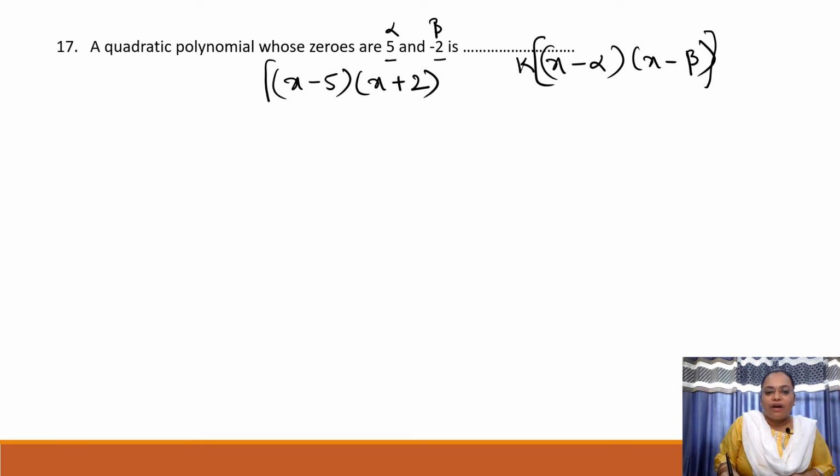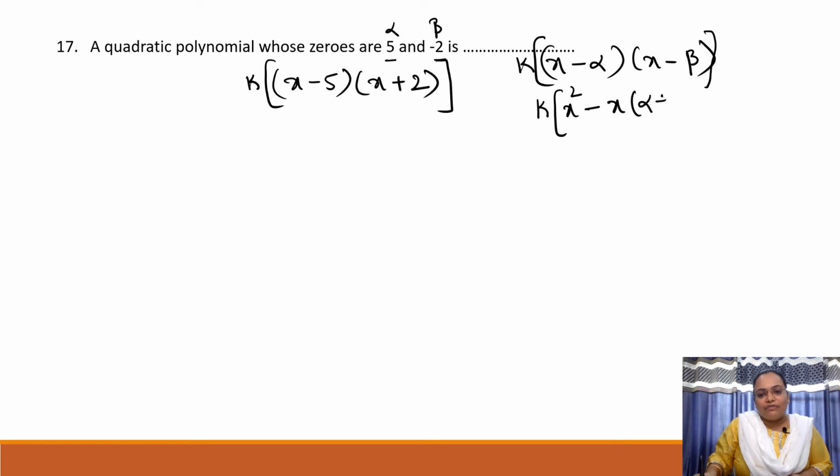So you can find a quadratic polynomial in this way, or you can also do it in this way, that is x square minus x of alpha plus beta plus alpha beta. If you multiply these two, you will get a quadratic polynomial.